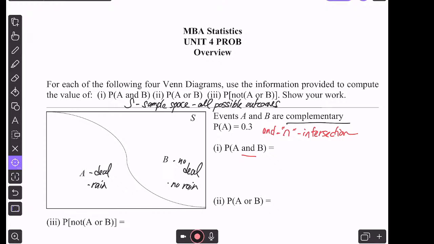So if the chance of A is 30%, what's the chance of A and B? How would we figure that out? First, we need the chance of B. Let's write that down. The chance of B would be what if A is 30%? So let's see your intuition for solving these types of problems.